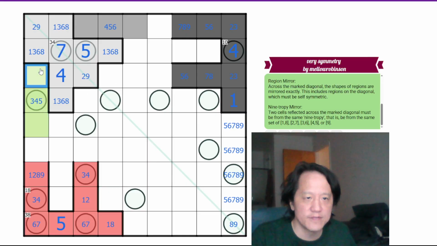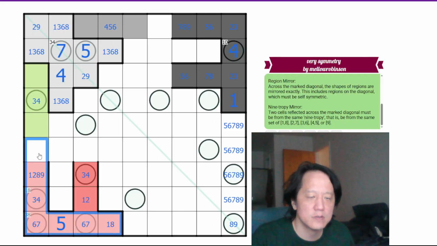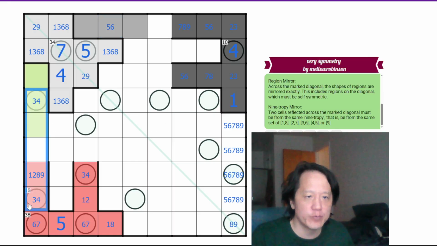This can't see 5 cells, so this is 3 or 4 at most. That means this can't be 4, it's 5 or 6 at most. This 3, 4 pair eliminates 3, 4 in the rest of the column, so no 3 there.